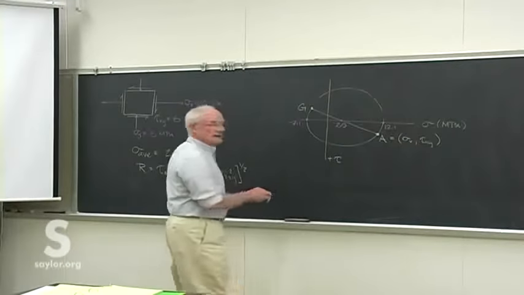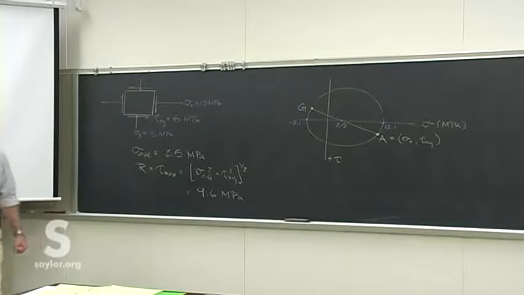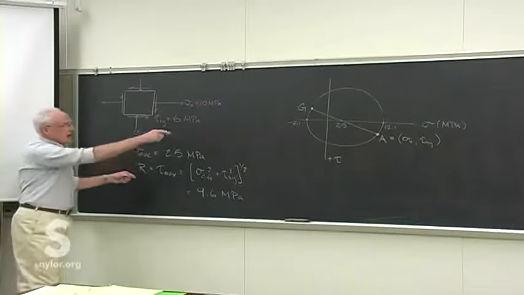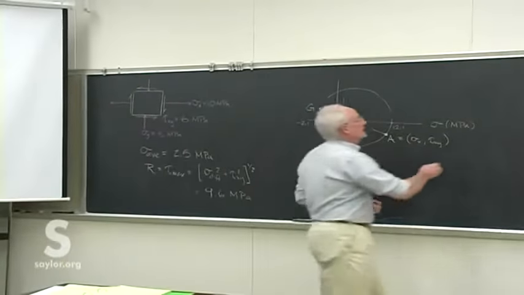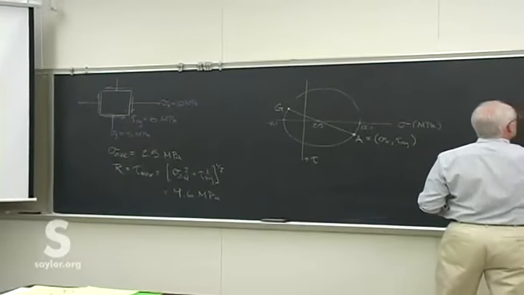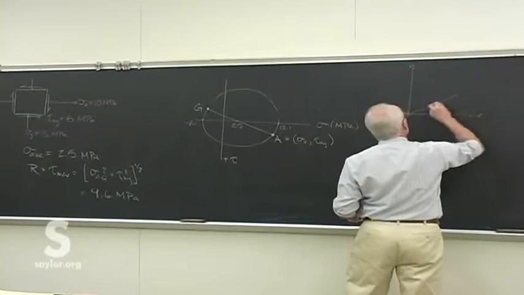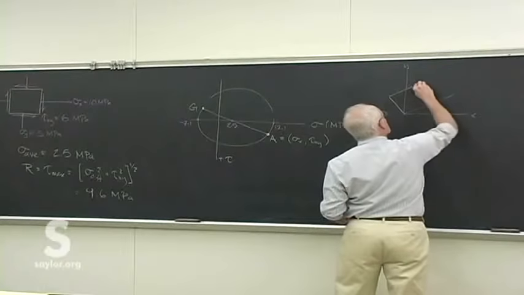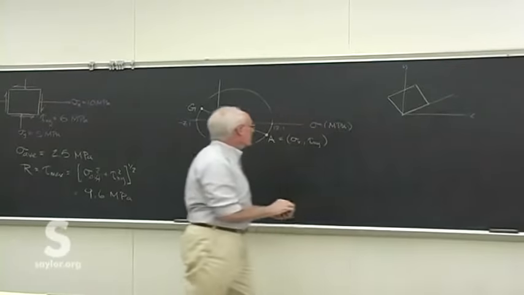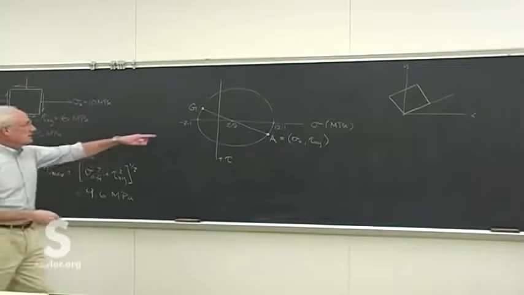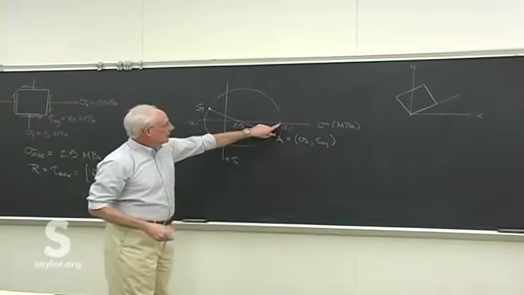Okay, here's the deal. That now establishes for us the direction, the angle of these maximum stresses. There's some angle, and if we go to that angle, we're going to have these maximum stresses.